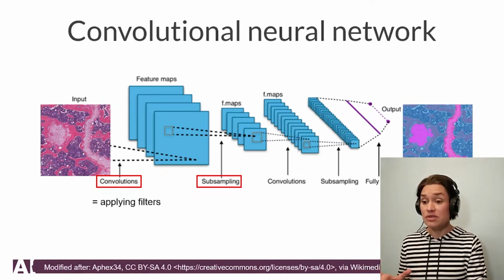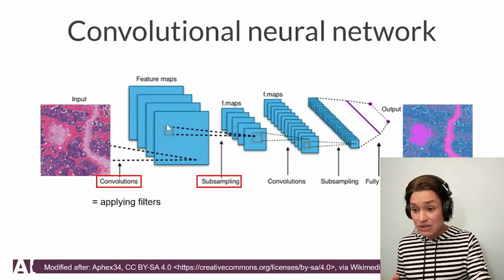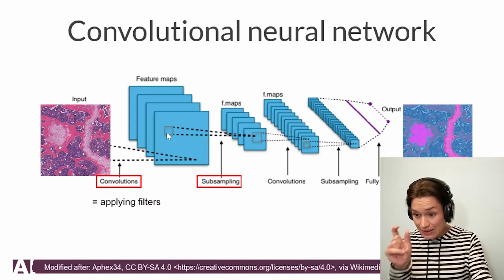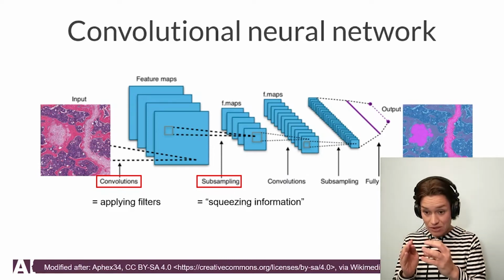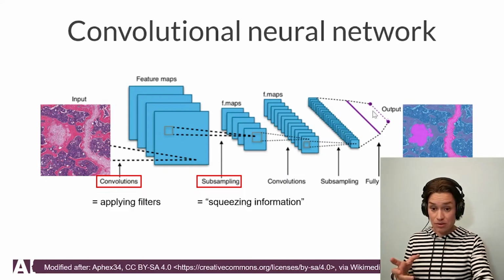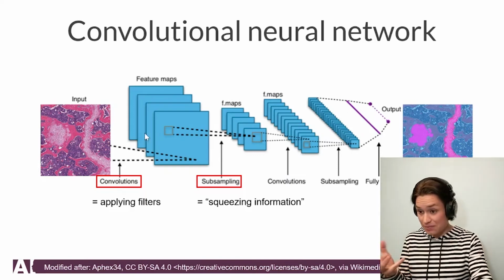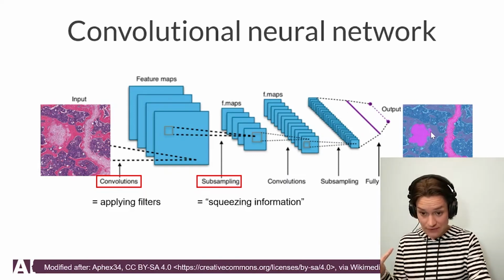Convolutions mean applying filters. This square is a filter that you apply, and you look for something that this filter can recognize. And then you map it, but you also do subsampling at the same time, meaning you squeeze this information, because otherwise your input is going to be as big as the output, and you only want classification for a limited number of classes.